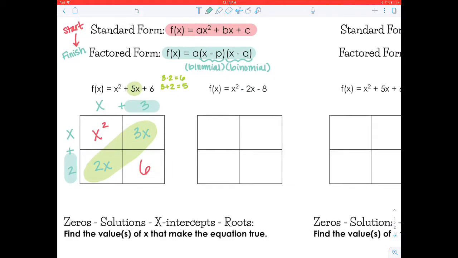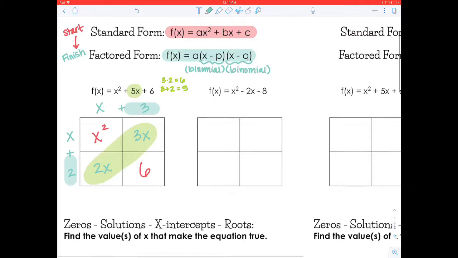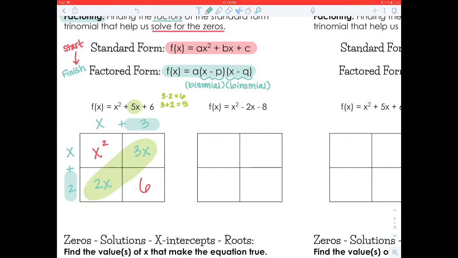And so that's how you check. Whatever's inside the box must add up to your original standard form at the top there. So it does. And we have found the two expressions that multiply to give us that answer. These are your factors here. This and this. These are your factors.